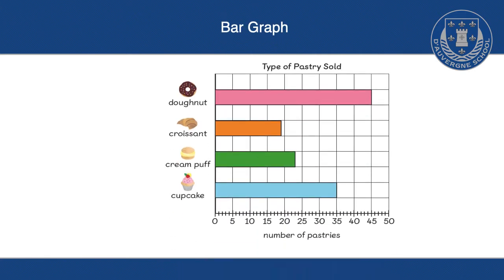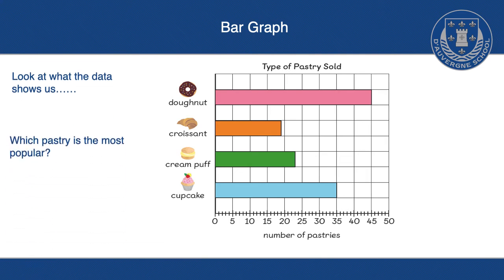Okay, so we've got the bar graph. So like we said, what does it show? First of all, it shows us which of the pastries is the most popular, and without even having to count, we can tell that the donuts are the most popular, and that is because the pink bar is longer than all of the others.